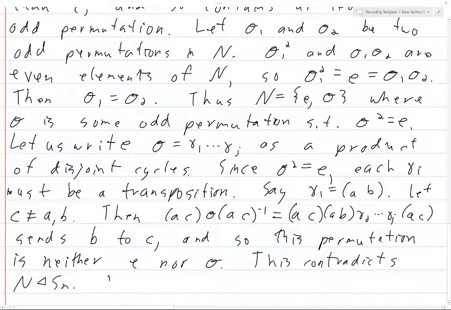So thus, going way back, N intersect An equals E implies that N equals E.